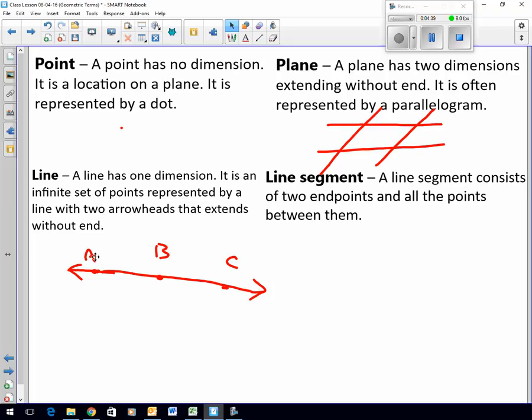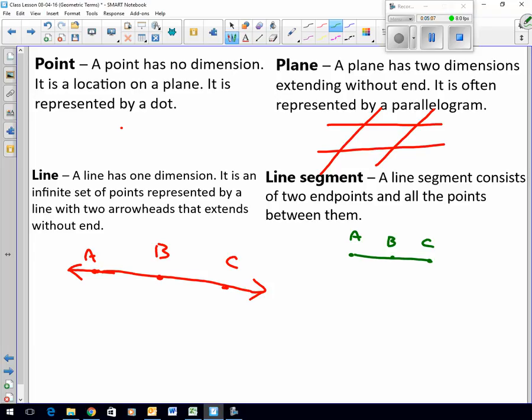Right? Line segment is a cousin of a line. The only difference between a line segment and a line, I'll use the same example I just used. If I go A, B, C, but I do not extend beyond A or C. See that?